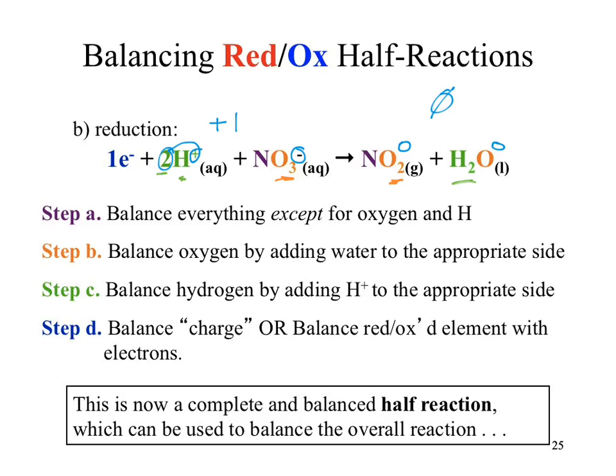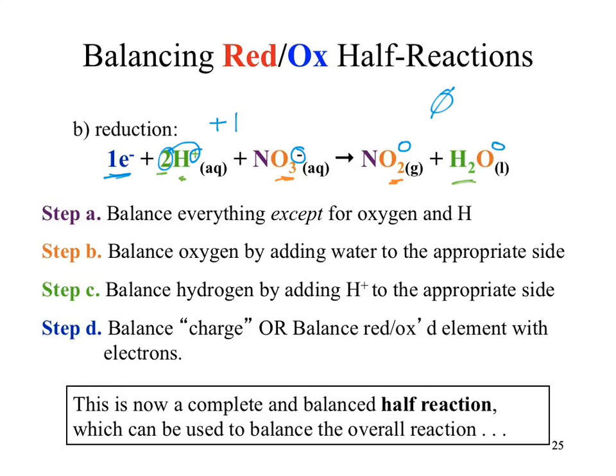So now to get +1 equal to 0, what do we need to add? We need to add one electron to balance out that plus charge, and now we're overall balanced. So we can use the charges to balance out our electron count.